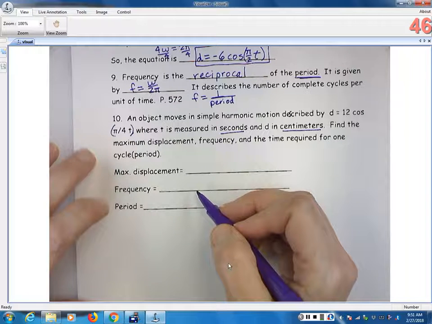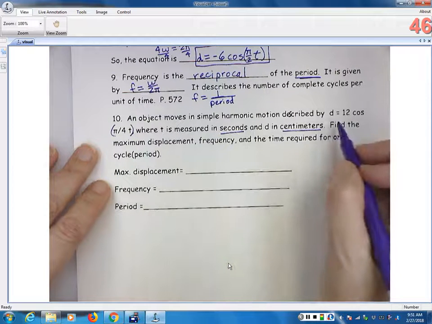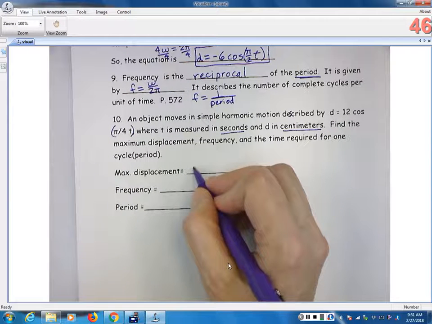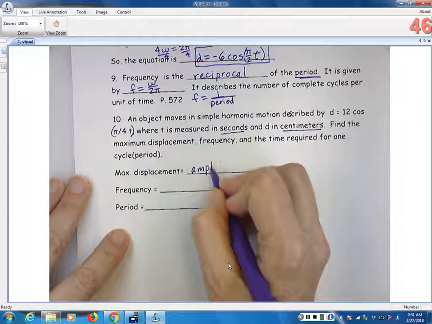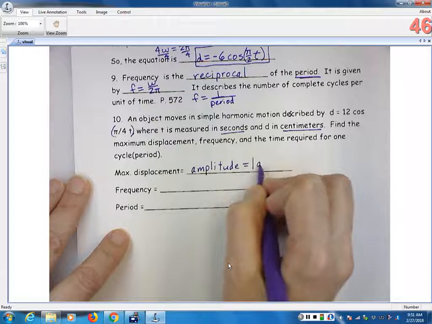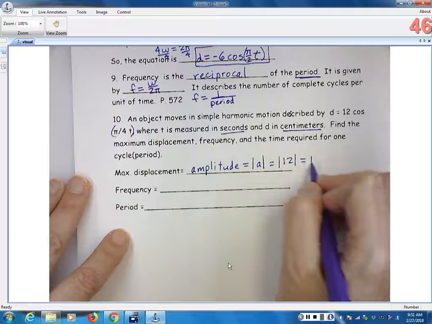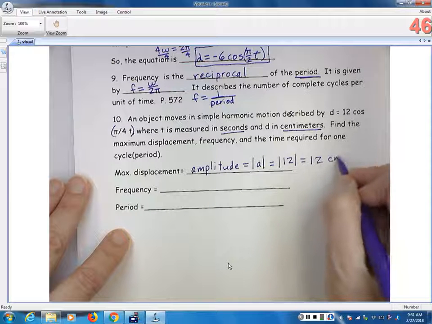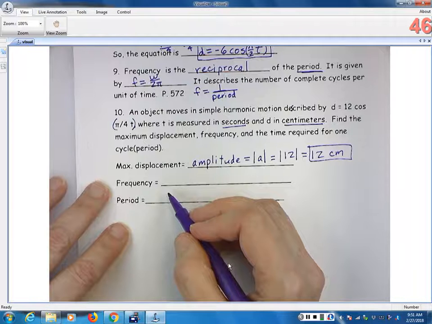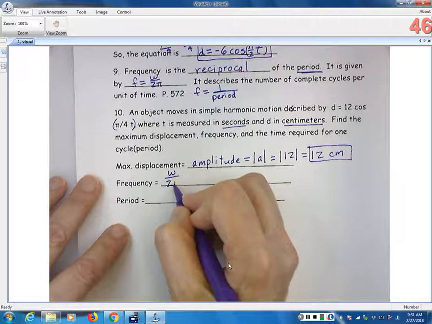So, what's the maximum displacement? The amplitude. That's the amplitude. Is the absolute value of A, the absolute value of 12. And that's in centimeters. The frequency is omega over 2 pi.